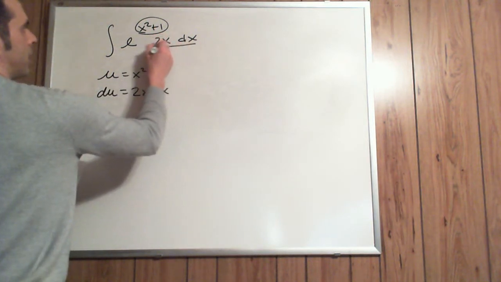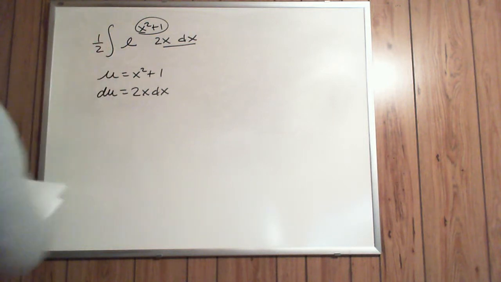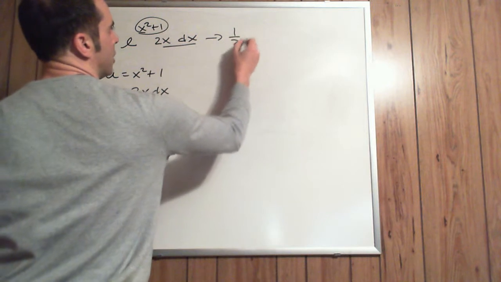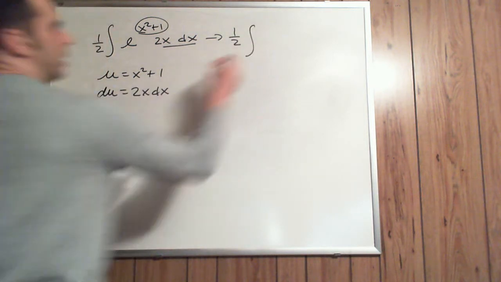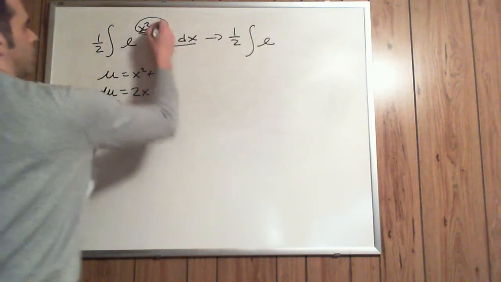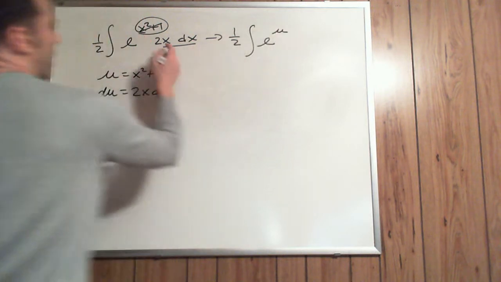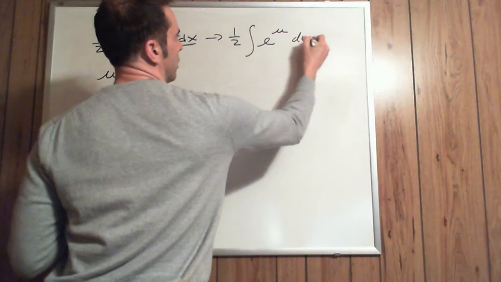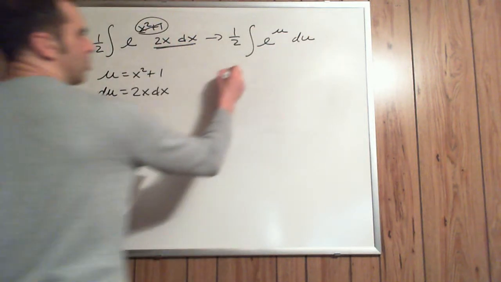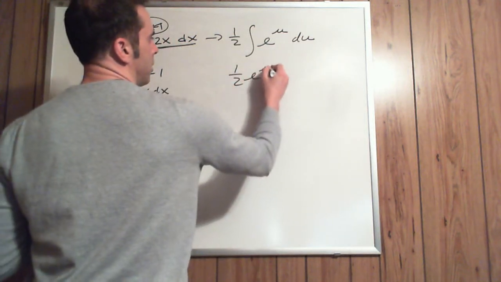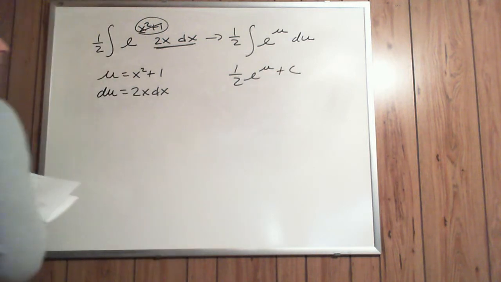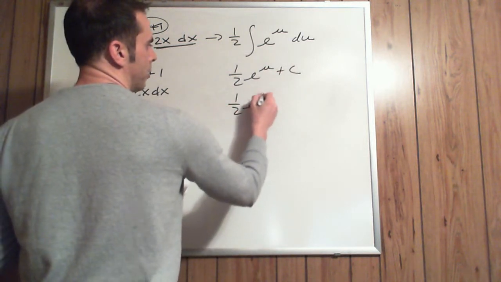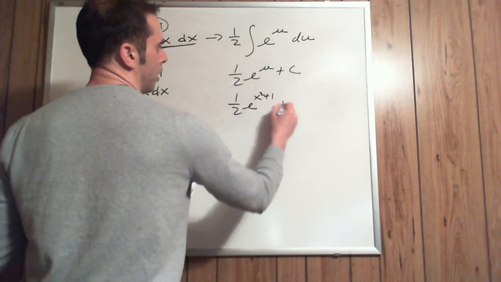So if I put in a 2 and take out a 1/2, I would now have this become 1/2 times the indefinite integral of e. This becomes the u. And the 2x dx becomes the du. And that answer is, of course, 1/2 e to the u plus c. But u is x squared plus 1, so that would be 1/2 e to the x squared plus 1 plus c.